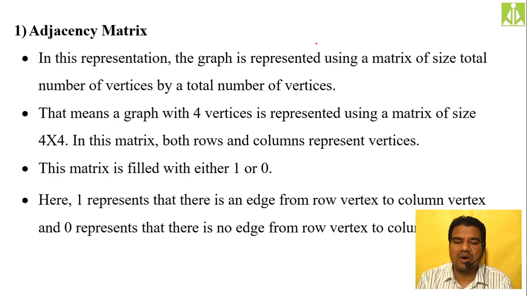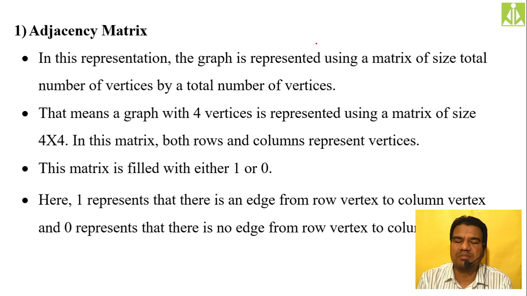So how can the adjacency matrix be represented? In this representation the graph is represented using a matrix, meaning rows and columns. We calculate the total number of vertices from the graph, and take that many rows and columns.